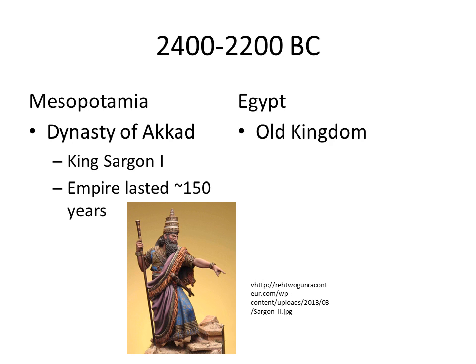The major guy here is King Sargon I. He is a military conquering hero, and later on other kings would take his name to show that they want to be as great as King Sargon I. His empire lasted around 150 years, and there's a nice little picture of what he might have looked like, pointing at the citation. In Egypt, still the Old Kingdom, so we're still looking at that same time frame where the pyramids were being built.